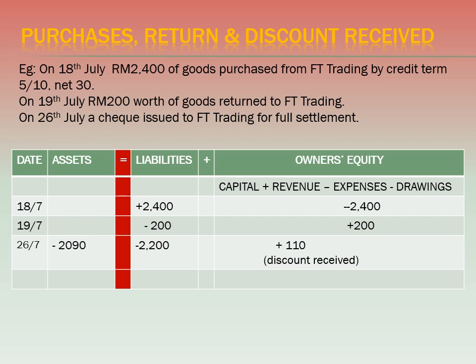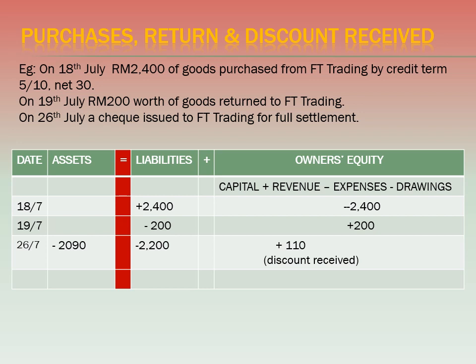And because we do not cross the red line, the other one is with a plus sign under the expenses, because our expenses have been reduced and the owner's equity automatically increased. So plus 200 under the expenses column. That is for the effect of returning goods to the supplier.